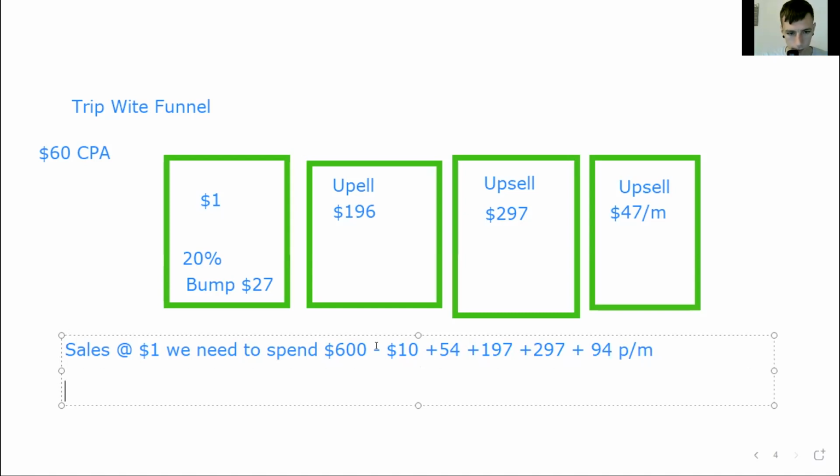So we've got $10 plus $54 plus $197 plus $297 plus 94. So there we actually spent 600 and we made $654, and we're actually making $94 monthly as well.